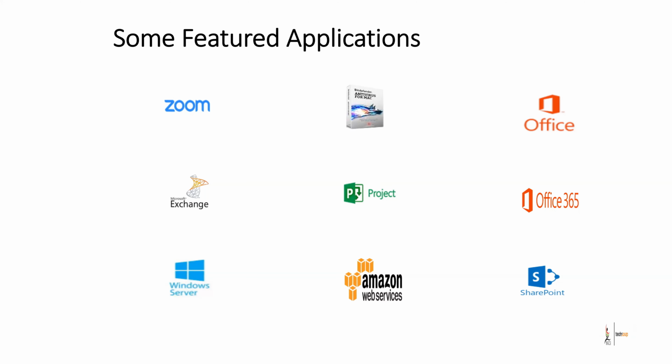Microsoft Project to help you manage the projects that you are carrying out in your various organizations. And then Office 365, which is the cloud version of Microsoft Office. We also have Amazon Web Services, where you can host your websites and also back up your files in your organization so that you can always have access to them, even in the event of loss or theft.